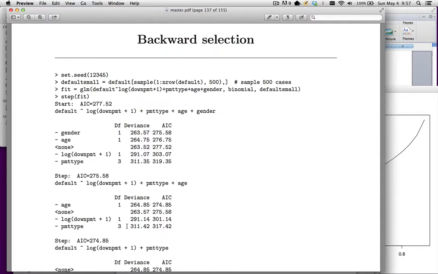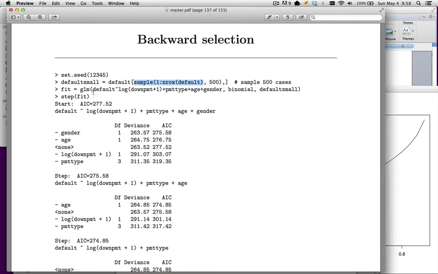I'm going to make a smaller version of the defaulting customer data set so that this runs quickly. This command, sample, picks 500 cases at random from 1 through the number of rows.